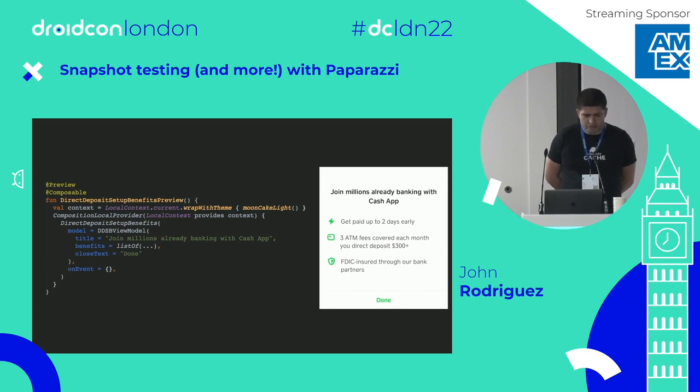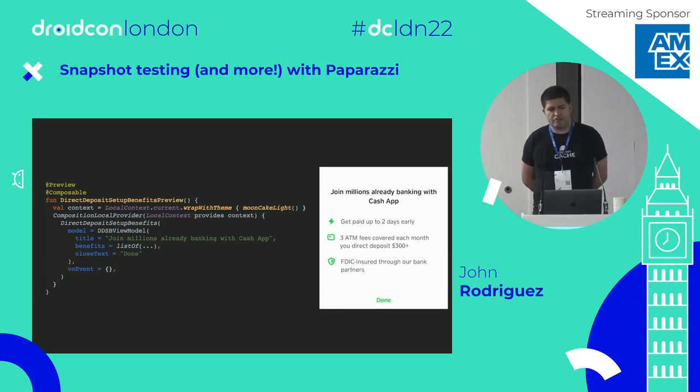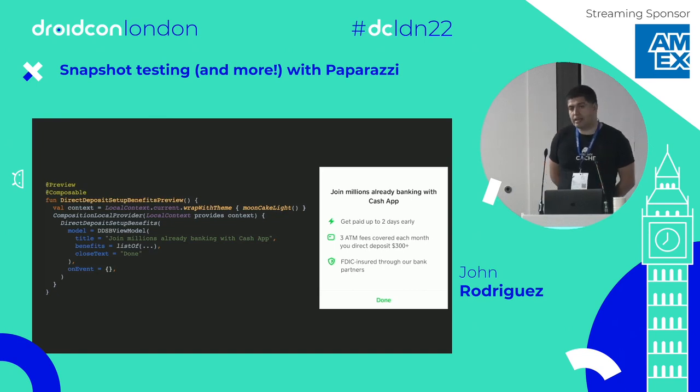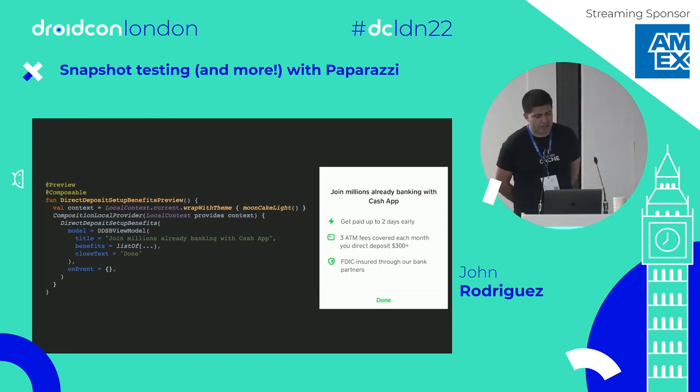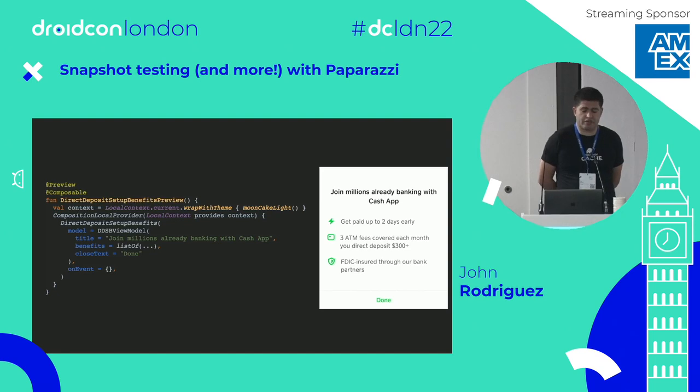Let's talk about some future things for Paparazzi. Despite the fact that preview itself tends to render slowly in the IDE, at least we've been experiencing that on Cash App. We're about 800 modules in a big team, so it could be just a scaling issue.